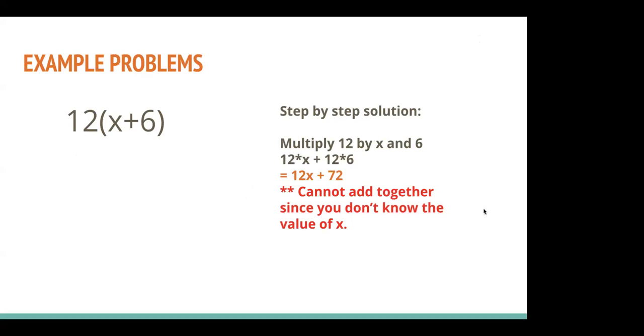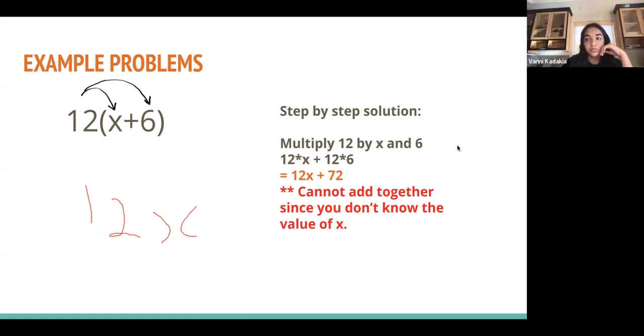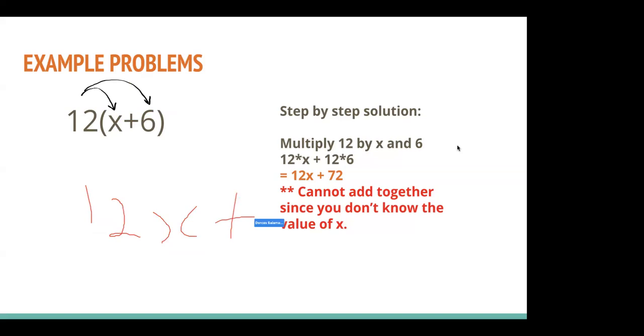Okay. So first, as Madam said, we have to multiply the multiplier by the terms. So first we have 12 times x, and 12 times x is 12x, and that's what we have here. And afterwards we put our sign right here. Then we have 12 times 6, which is 72, and that's our answer.